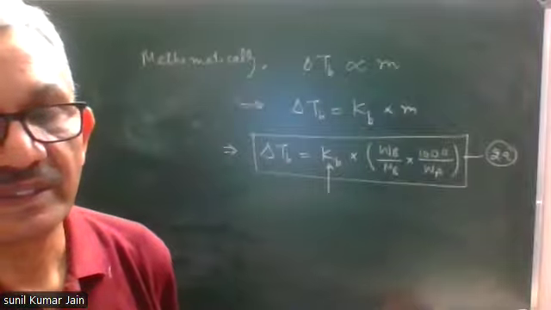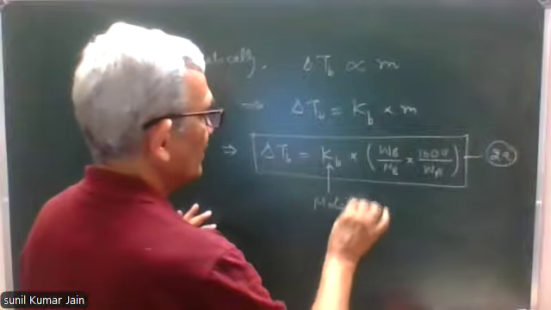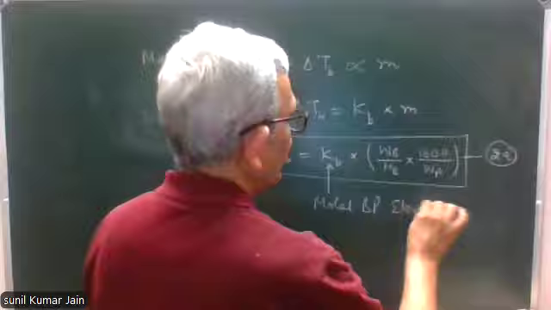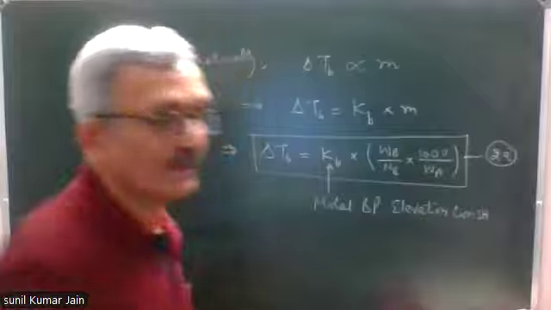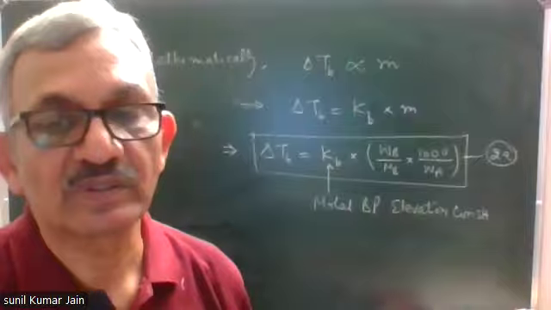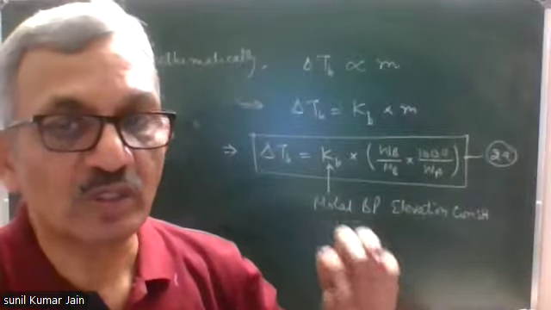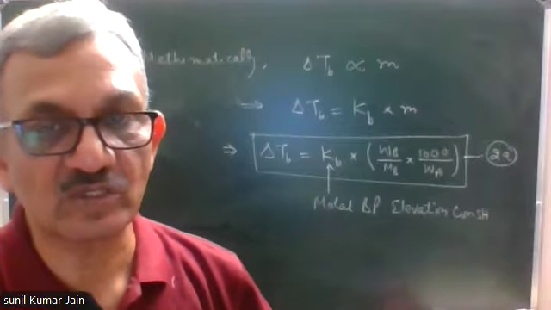Now we'll label Kb. Kb is called molar boiling point elevation constant. There are two more similar terms used. Molar boiling point elevation constant, also called boiling point elevation constant, also called elevation constant.